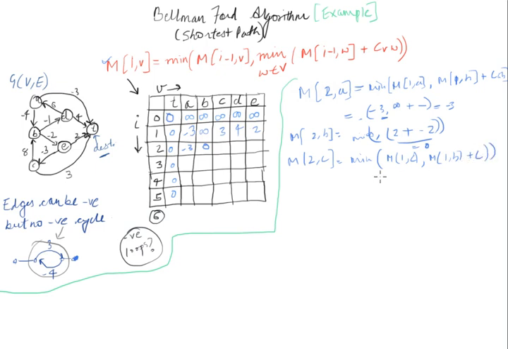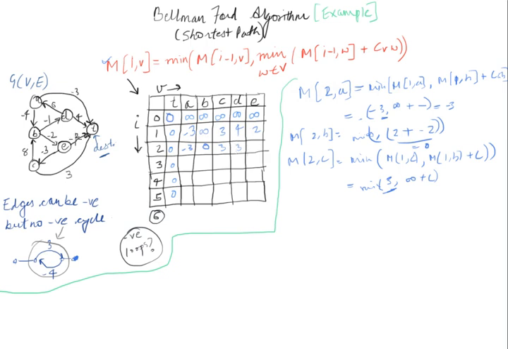M(1, C) is 3 and M(1, B) is infinity plus the cost. So this is the minimum value, 3. Now D to T using two edges, this is the only other path. There is just one direct path and this is the other path. So I can see it from here, 6 plus -3, which is 3.